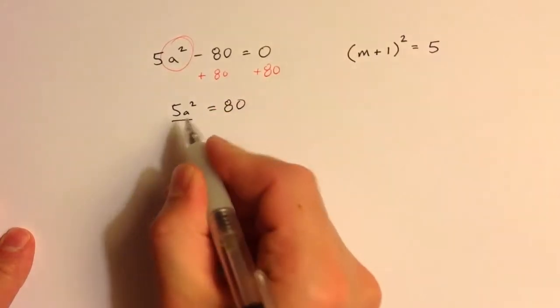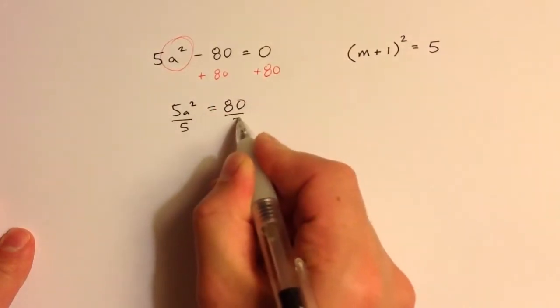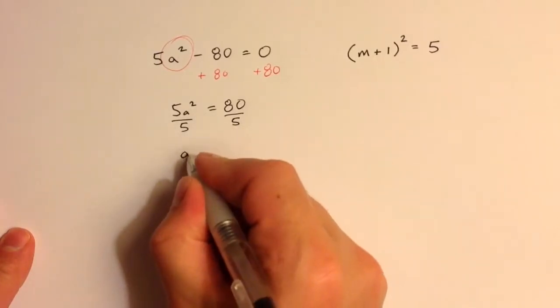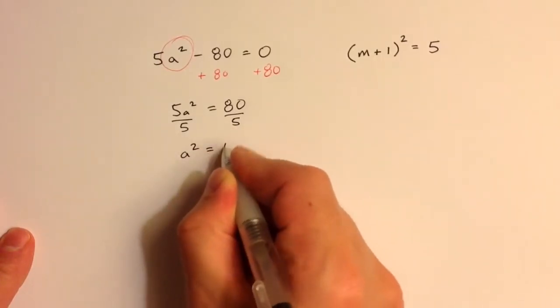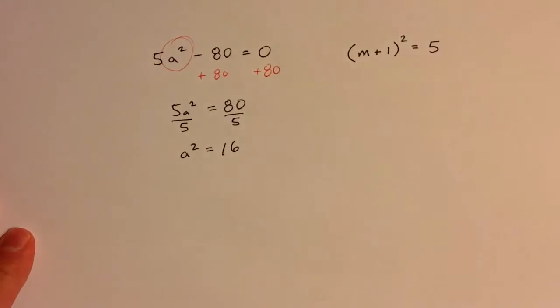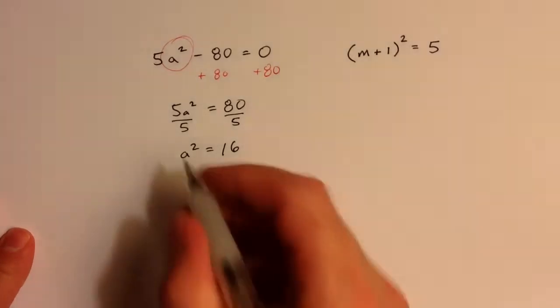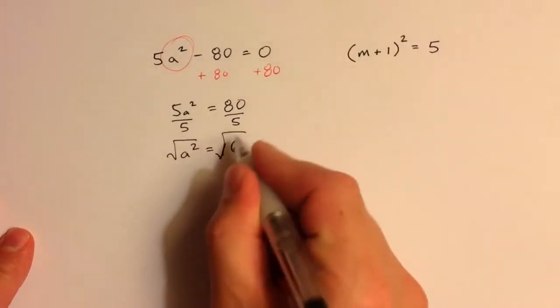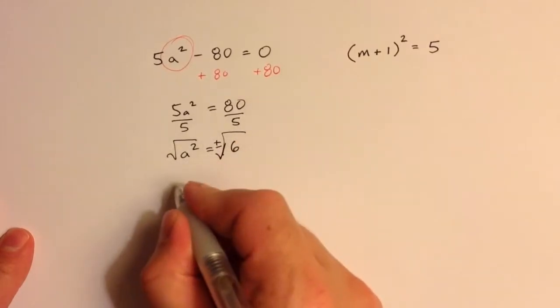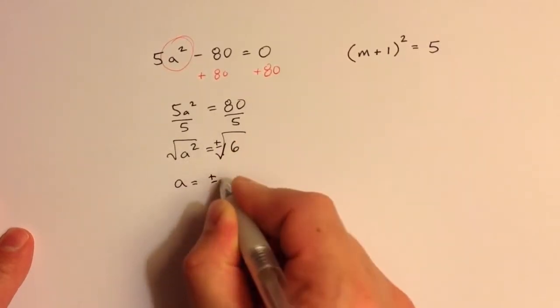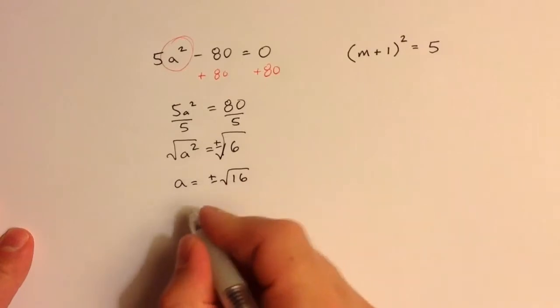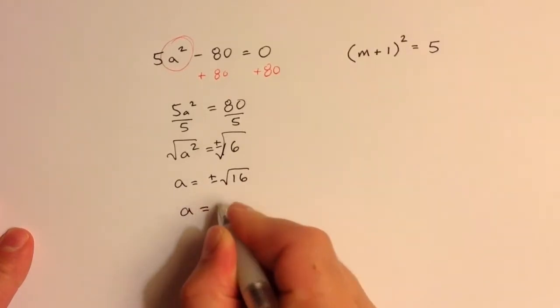And then I can divide both sides by 5 to get a squared equals 16. And then finally we can apply the square root property. If I take the square root of both sides, I see that a equals plus or minus the square root of 16. In other words, a equals plus or minus 4.